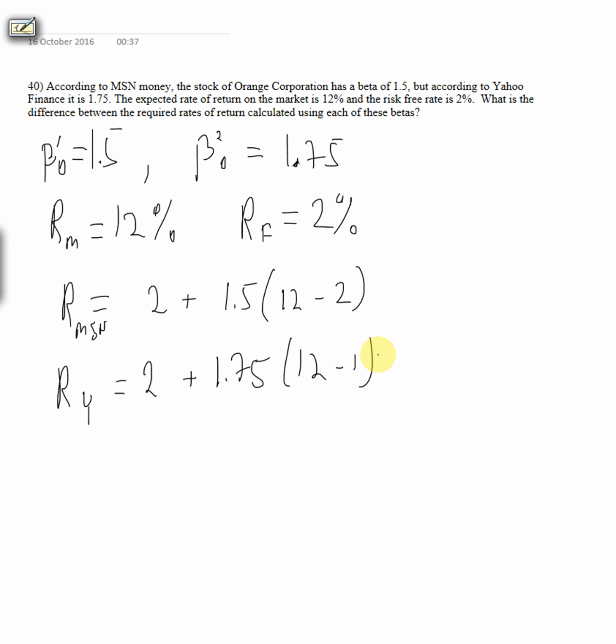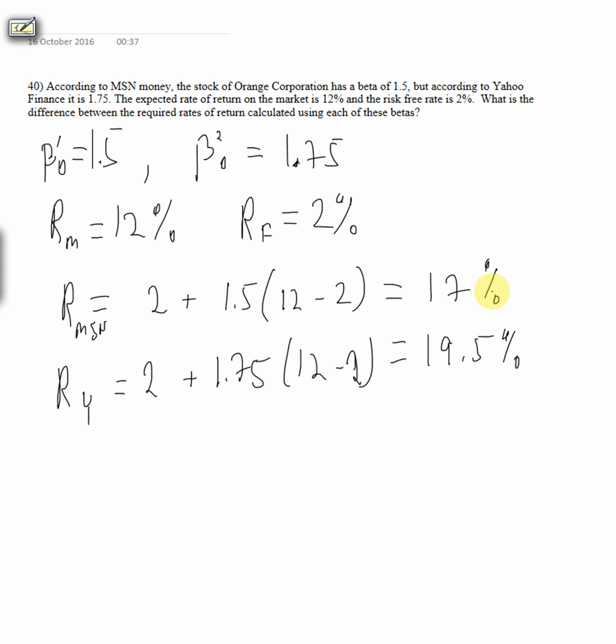I guess you know how to do this now. If you calculate, you get some value here. So this is 15, plus the 2, that's 17%. And in this case, 17.5 plus 2 is 19.5%.